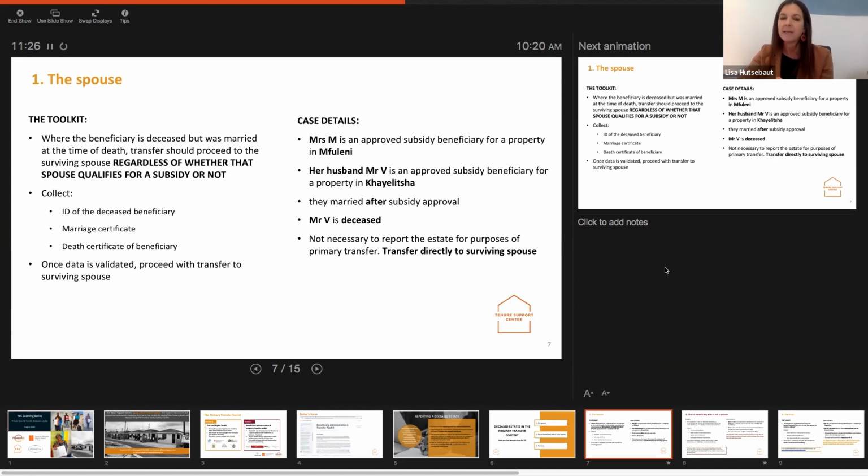But basically what I'm told is that when you apply for rates clearance on your primary transfer, you're going to see that that particular person who's getting transfer, in this case, Mrs. M, the surviving spouse, has actually already had the benefit of a subsidized property, that Mfuleni property.